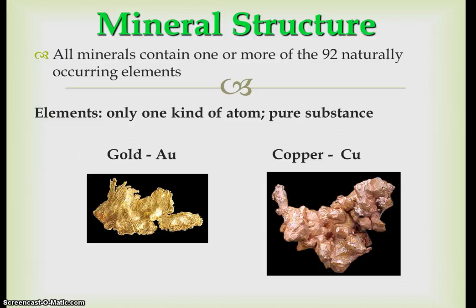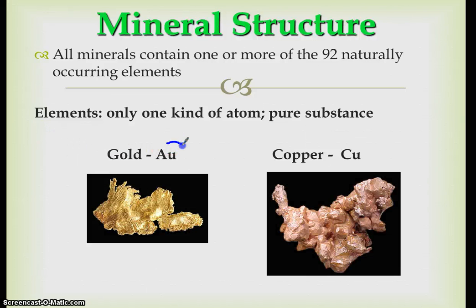Okay, so let's look at mineral structure. So all minerals contain one or more of the 92 naturally occurring elements. So the chemical formula for gold is Au. Okay, that's the chemical formula. So if you go to the periodic table of the elements, gold is actually pure. Okay, it's a pure element. It's in one of those boxes on the periodic table.